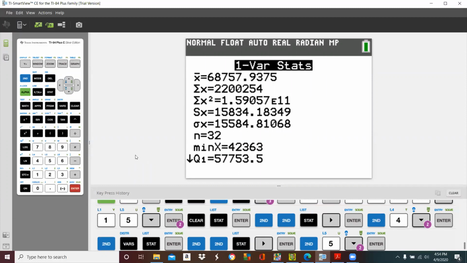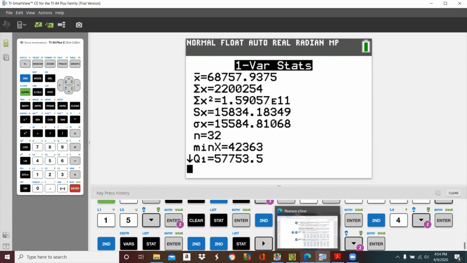Now, the problem does not give you a population standard deviation at all. It doesn't give me an estimate. So you have to use the sample standard deviation in place of the population standard deviation. The sample is s. Don't use sigma. Use s. And s is $15,834.18.